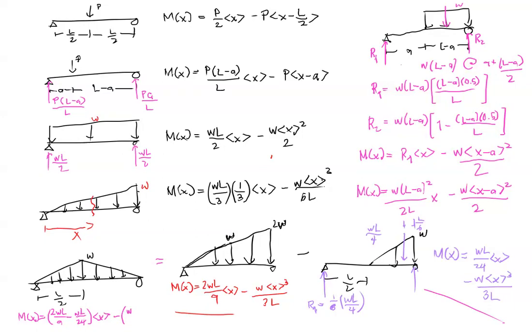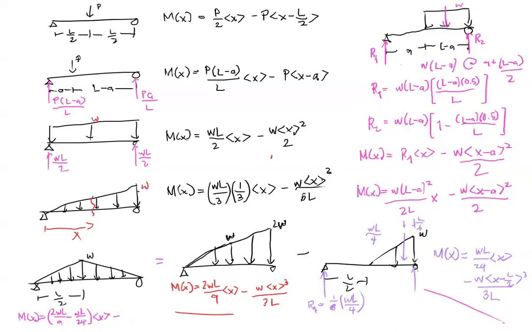Sorry, may nakalimutan akong idagdag dito. Correction lang, minor correction, apologies. So, this is x and this is x minus L over 2. Pag nangyari yun, meron kang ano ka ngayon for the second term. Gawin ko lang to.